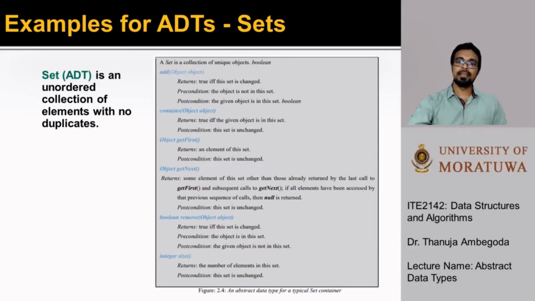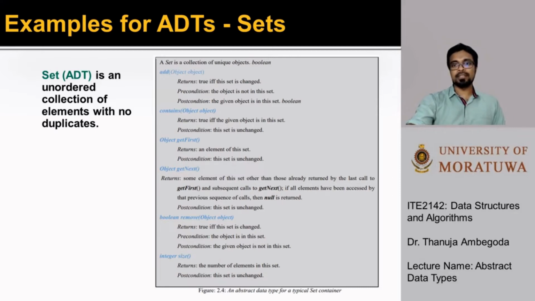The next ADT, the example ADT we are looking at, is sets. A set is different from a bag because a set is a collection of unique objects. You cannot have the same object twice. You cannot have two apples or two oranges. You can only have one apple, one orange, right? There are no duplicates. So the preconditions and the post conditions are a little bit different.